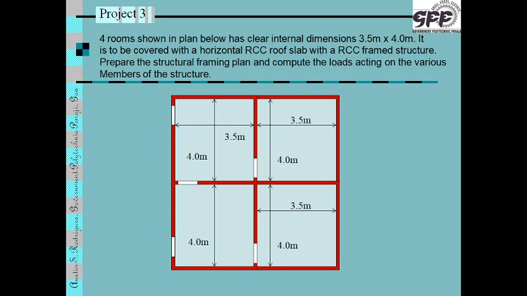Now over here we have 4 rooms in plan, clear dimensions as shown. Again over here we take how to design an RCC framed structure for this four roomed structure. What would be the contributory areas? Would it be like this?